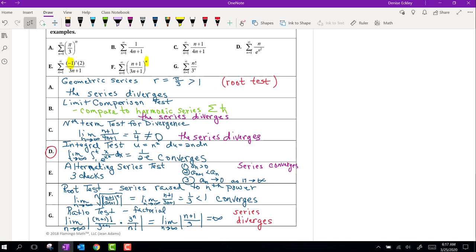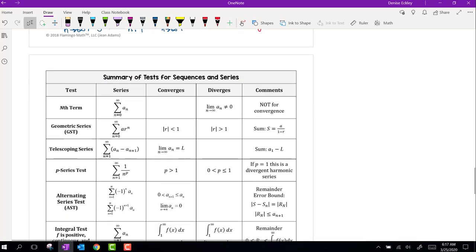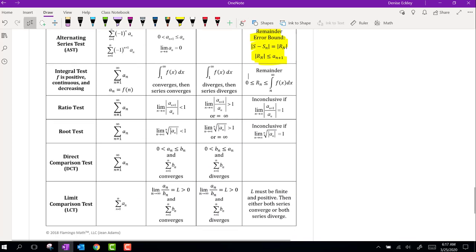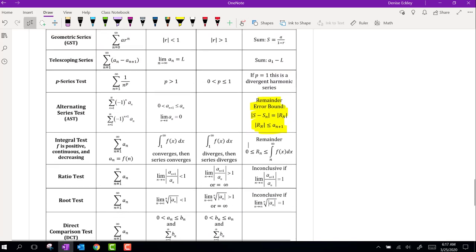So what we have on the last page of our notes is a summary of all the tests of sequences and series and when to use them, how you know whether they converge or not. Also on here is a little bit about error bounding and the remainder. And all of the tests are here with a little summary.